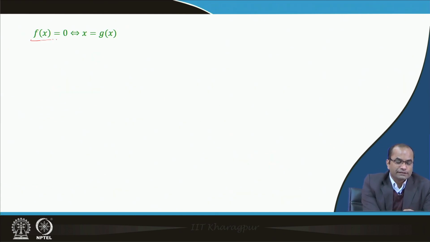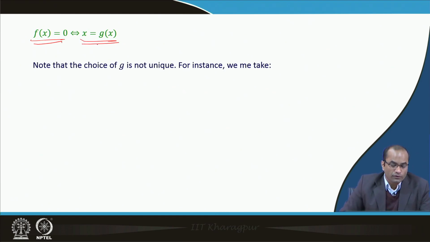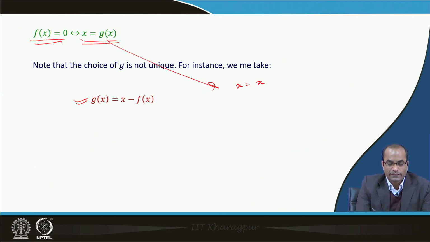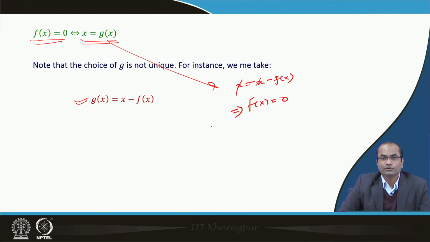So, having f(x) = 0, we rewrite it into x = g(x), and there could be several forms; it is not unique. For instance, we can take g(x) = x minus f(x). So, x = x minus f(x). The x and x get cancelled, and again we get f(x) = 0.